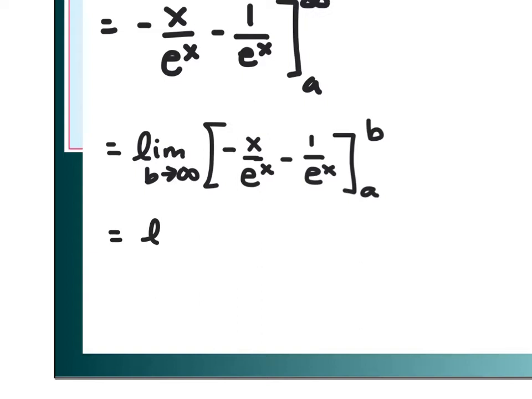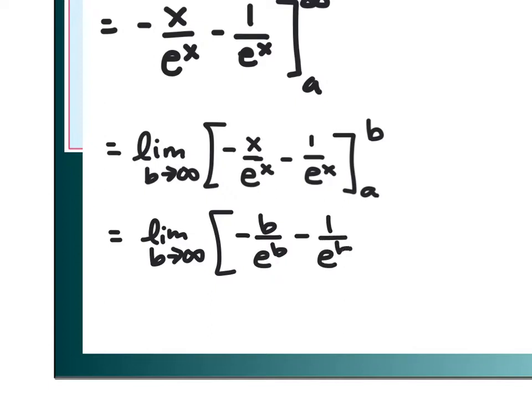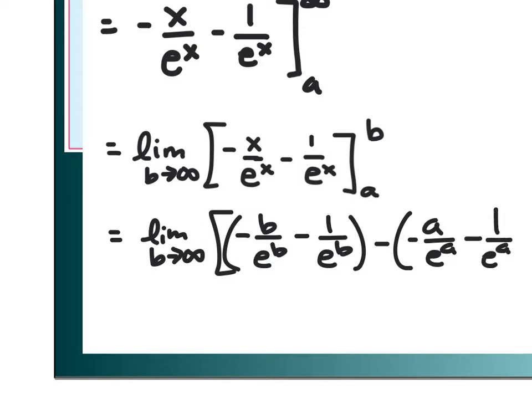That would be the limit as b goes to infinity of negative b over e to the b minus 1 over e to the b minus negative a over e to the a minus 1 over e to the a. Alright, so let's see what happens here with b. If I plug an infinity in here for b, that's going to become 0.